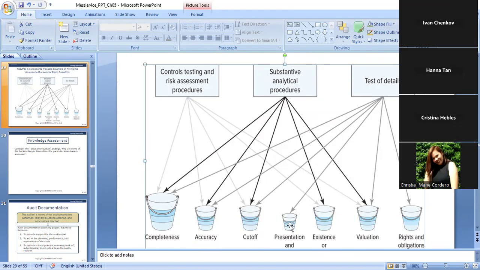So the presentation, we don't have to put substantive analytical procedures. Since we tested on the lower level before it becomes a presentation, most likely the presentation will be there. So that's how you have to understand which one is the proper way and how we're going to test each level of assertion.